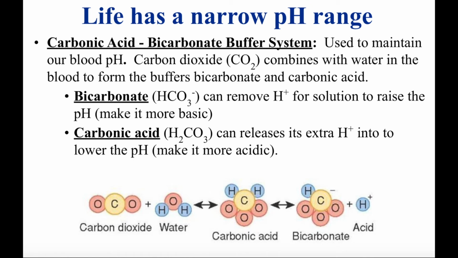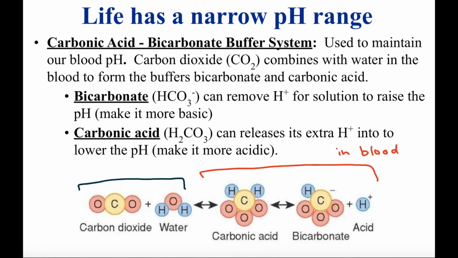When you breathe in carbon dioxide and that carbon dioxide enters your blood and meets the water in your blood, it forms carbonic acid. So this is what you breathe in, but this is what's in your blood. Depending on the pH of your blood, you'll either have more carbonic acid or you'll start forming more bicarbonate. Bicarbonate can remove hydrogen ions from the solution.